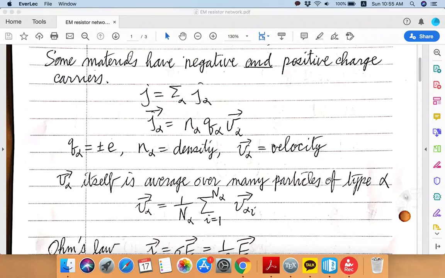So here we go. Let's brush up on our knowledge of the electrical conduction in a metal. I think previously I only assumed that there's only one charge carrier, but in real materials, it often happens that there are many charge carriers.